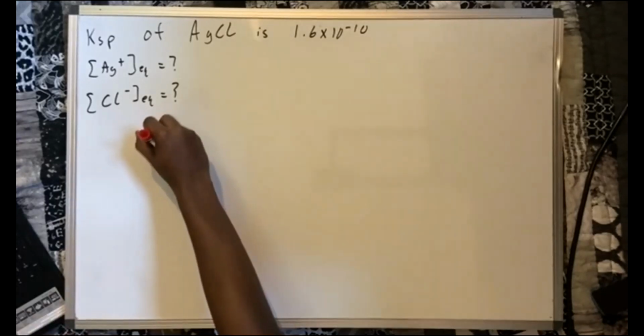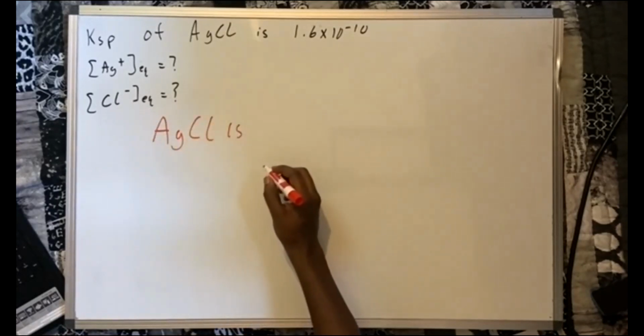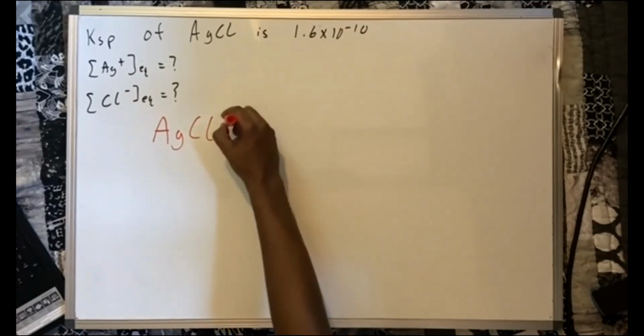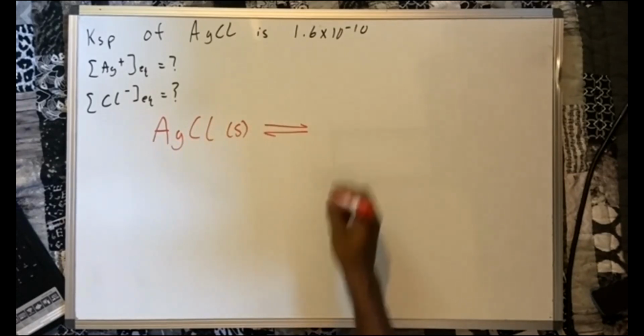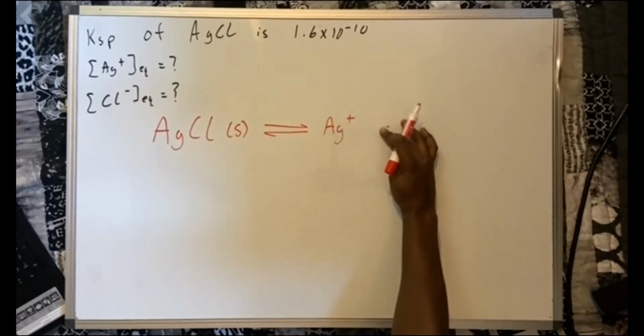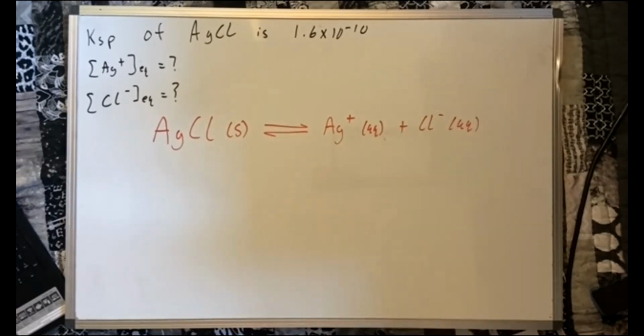So we have our Ksp, so Ag plus, this is aqueous, plus Cl minus, that's also aqueous.